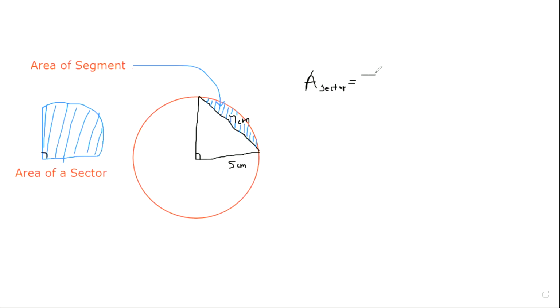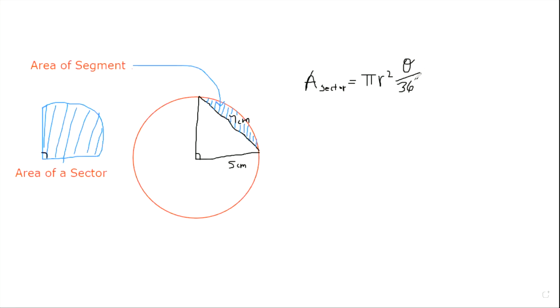And so we first look at the area of a circle, right? If I was only looking for the area of the whole circle, then I would use this and find my answer. But because I'm looking for only a fraction of the circle, I need to write a fraction here, and that fraction will be the angle over 360.